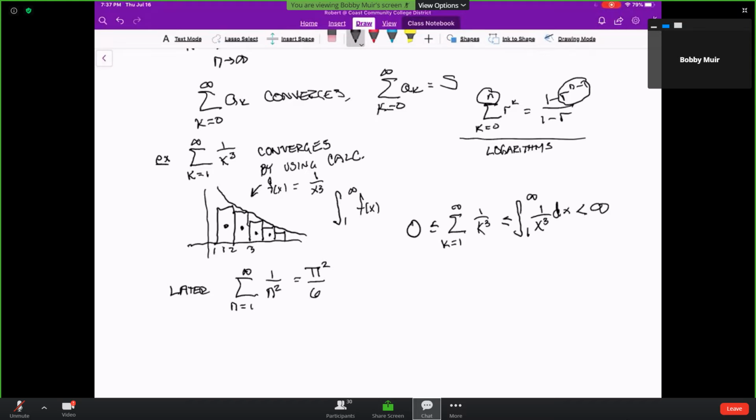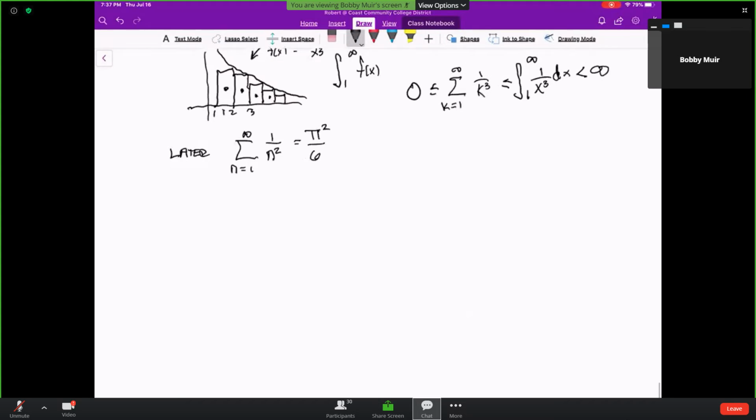Okay, so he talks about this geometric series a little bit, and some other types of converging series.